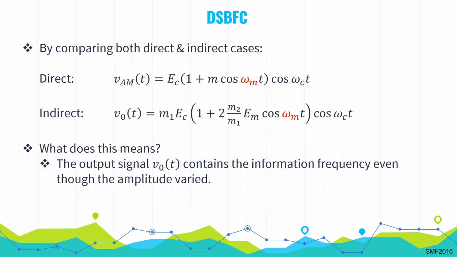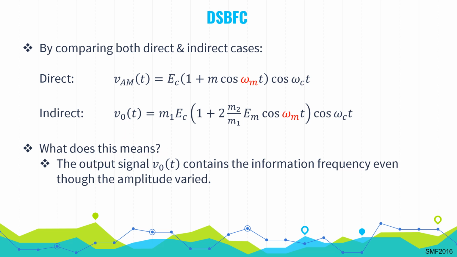Let's compare the direct and indirect methods for generating DSBFC signals. In the direct method, the AM signal is expressed as V_AM(t) = E_c [1 + m cos(ω_m t)] cos(ω_c t). In the indirect method, the output of the nonlinear device is V_null(t) = m_1 E_c [1 + (2 m_2 / m_1) E_m cos(ω_m t)] cos(ω_c t).